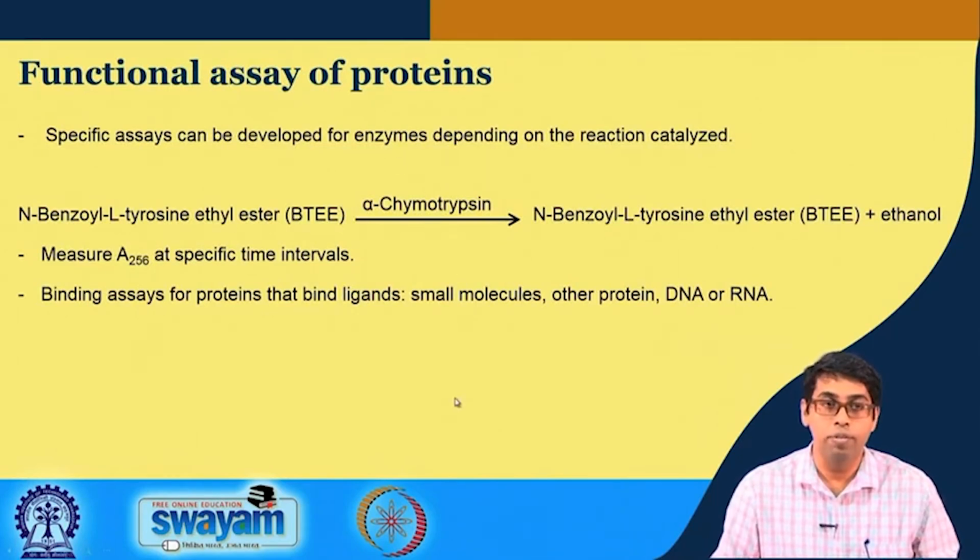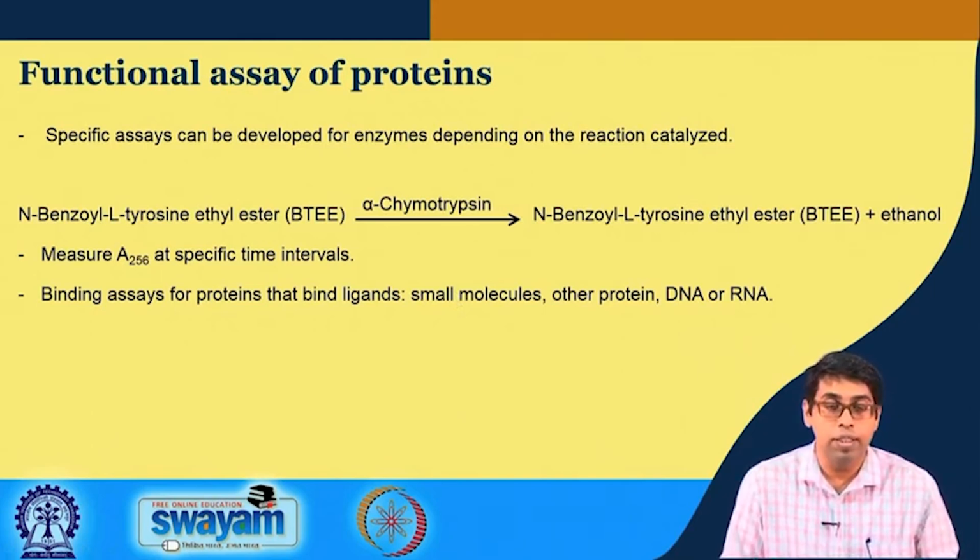Finally, if you are also interested in the functional aspect of a protein, then you will have to do some functional assays. If it is an enzyme, then specific assays can be designed that depend on the reaction that is catalyzed by that enzyme. One such example is shown here. Alpha chymotrypsin is a protease which cleaves after big bulky amino acids such as tryptophan and tyrosine.